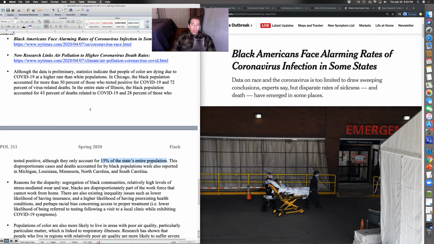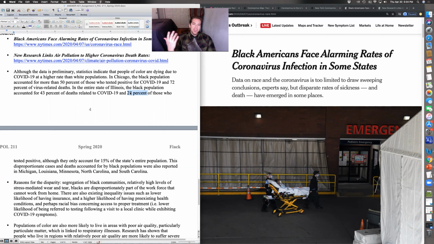So 15 out of 100 people in Illinois are Black. But 28%, just over 1 out of 4 people who test positive are Black, so 28 out of 100 who test positive are Black, but the Black population only accounts for 15% of the total population.